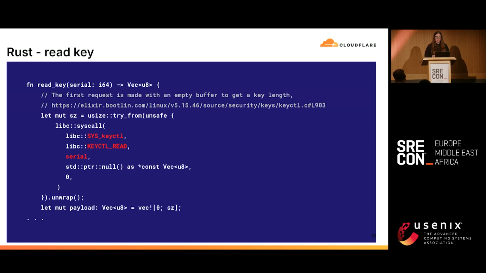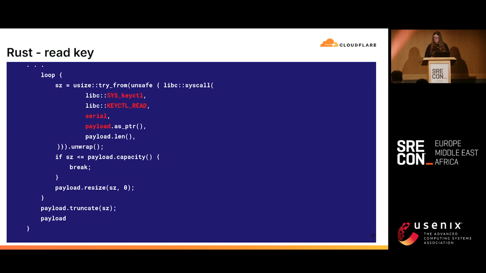This function for reading the key, I couldn't fit in one slide, so it's split in two. Everything is similar to Golang. Again, the keyctl read syscall, the serial number, and the buffer where the key will be read.